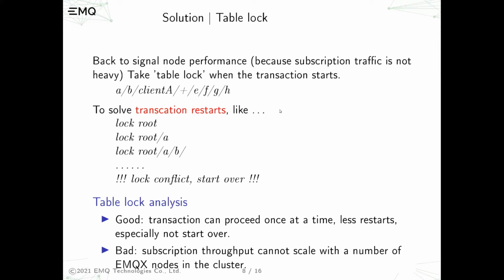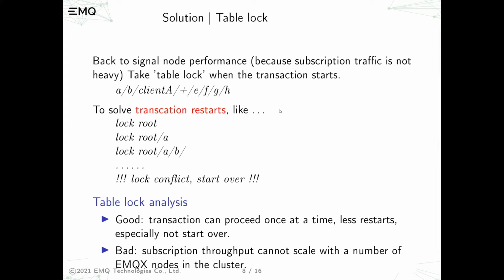The table lock tries to solve the issue that if we have lots of concurrent transactions running, those lock conflicts cause transactions to restart, and they could start over and over again. This is no good.